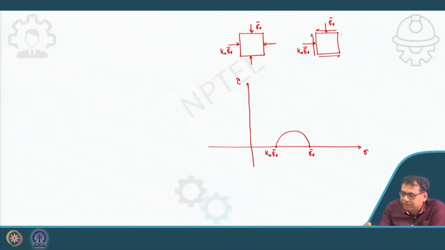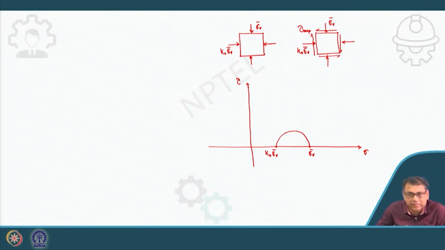Here also we will apply that shearing. That value will be the tau max, the maximum shear that is applied, because I want to determine the tau max. So that is tau max.